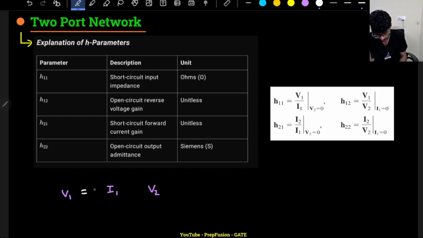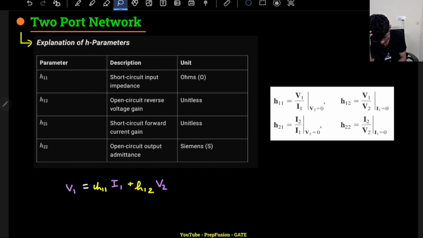Now you just write here H11 plus H12. Now what is the other variable?